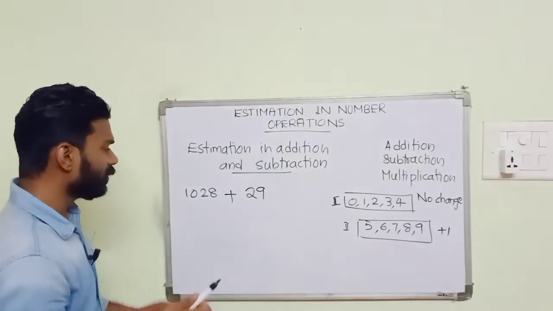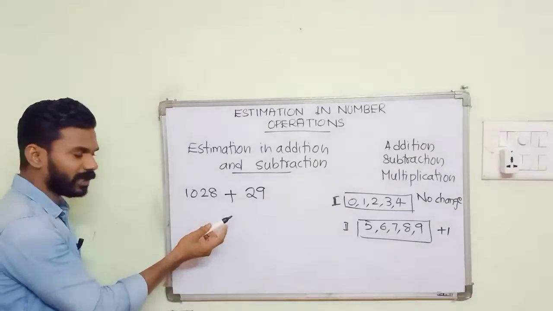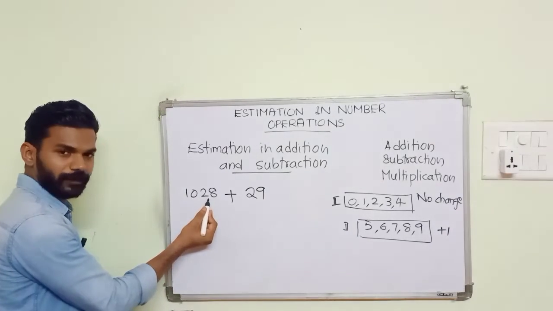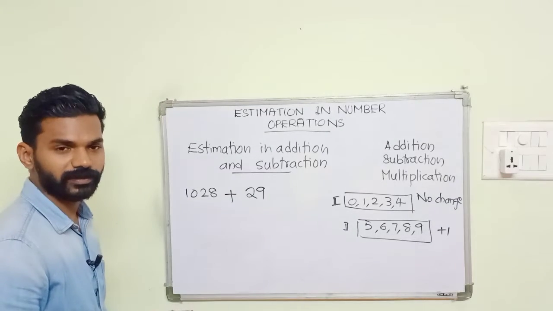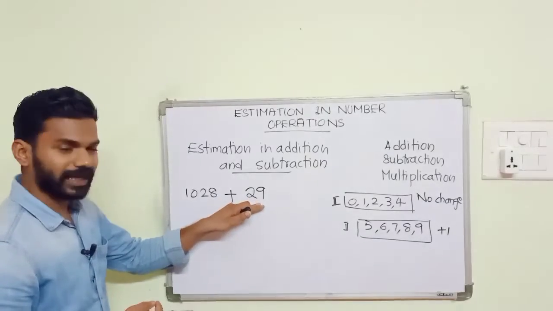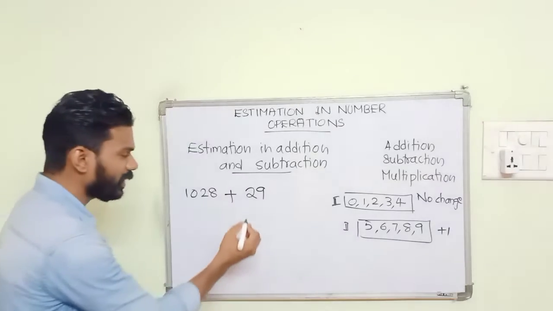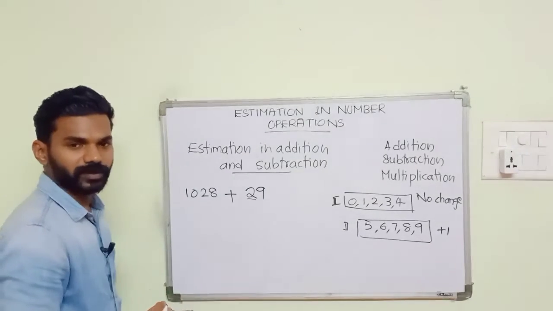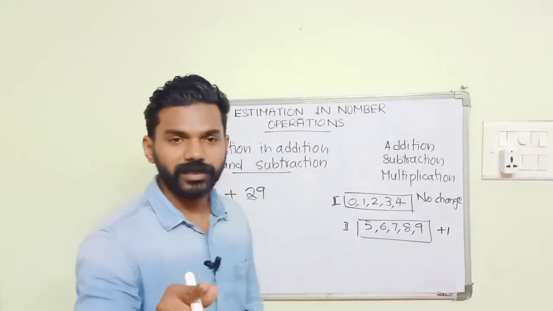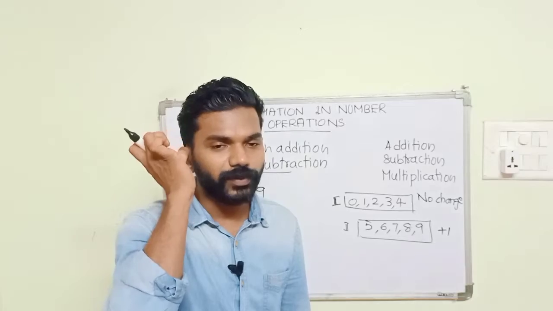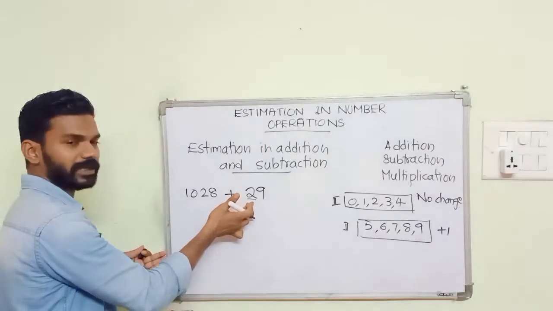Can you tell me what options we have here? You can see 1028 can be rounded off to the nearest 10, the nearest 100 or even the nearest 1000. But in the second case, 29 can only be rounded off to the nearest 10. So the rule is, while you do addition, both the numbers have to be rounded off to the same place value. So what will we choose? Yes, we have to choose the nearest 10.